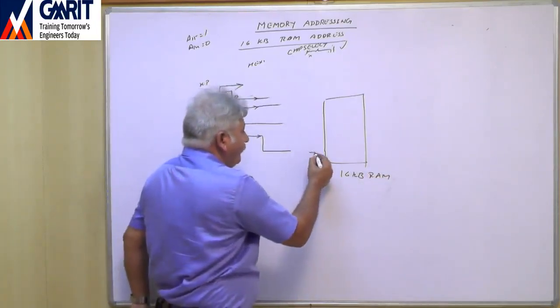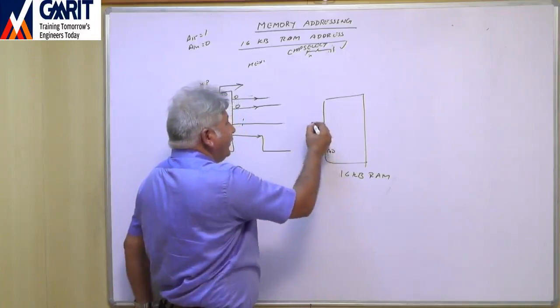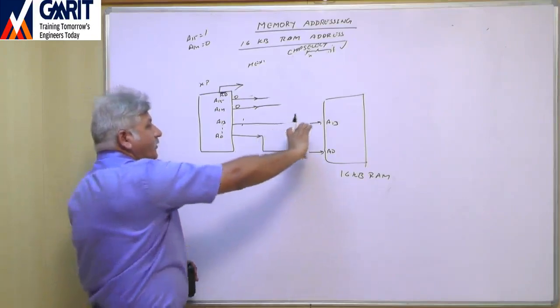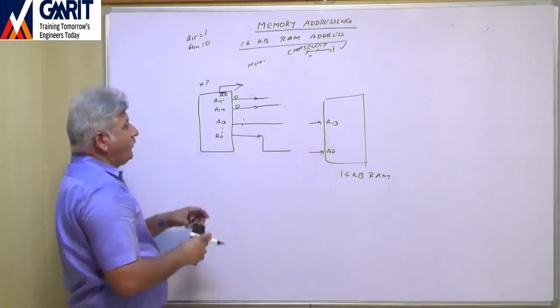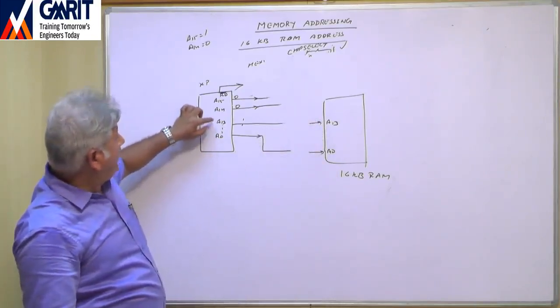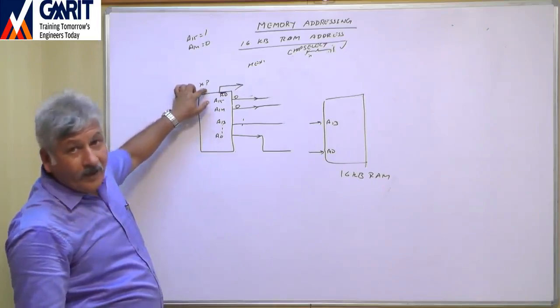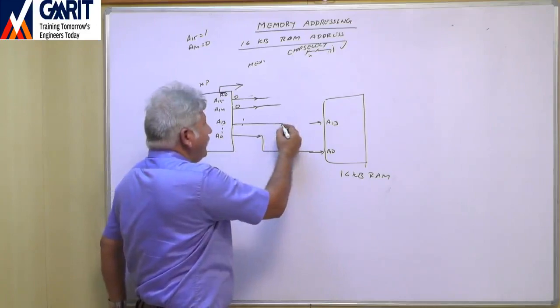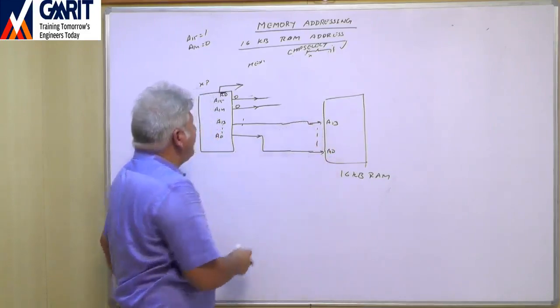For the 16 KB RAM, we have address lines from A0 to A13. So these A0 to A13 address lines will be connected to the A0 to A13 address lines of the microprocessor. So I will connect these A0 and A13, right?